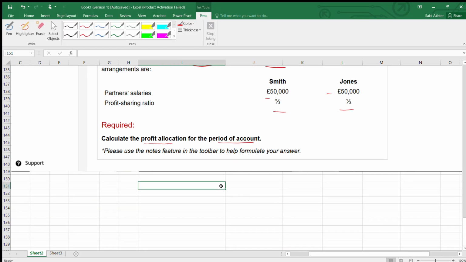So here, let us quickly do this. It is for the year ended 31st March 2025. Total Smith and Jones. Okay.